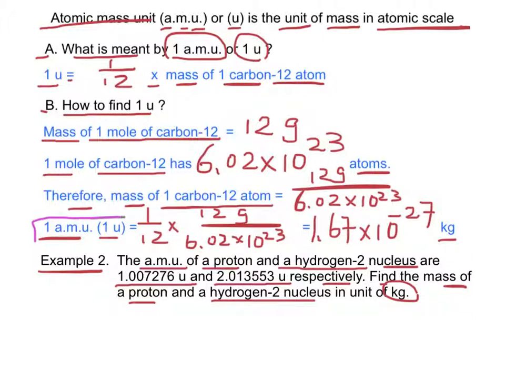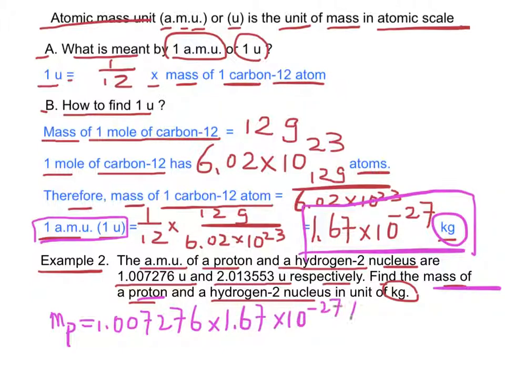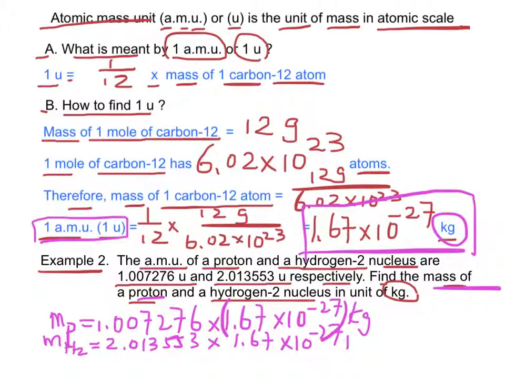Since 1 a.m.u or 1 U equals 1.67 times 10 to the power negative 27 kilogram, therefore the mass of a proton will be equal to 1.007276 times 1.67 times 10 to the power negative 27 kilogram, and the mass of a hydrogen-2 nucleus is equal to 2.013553 times 1.67 times 10 to the power negative 27 kilogram.